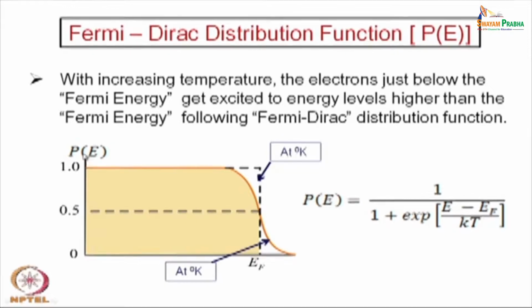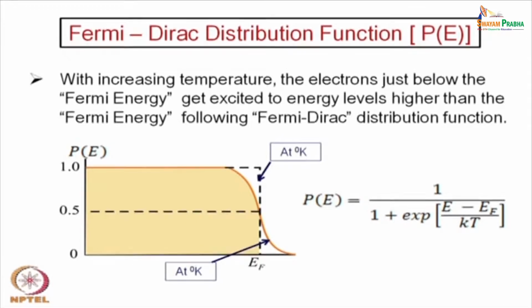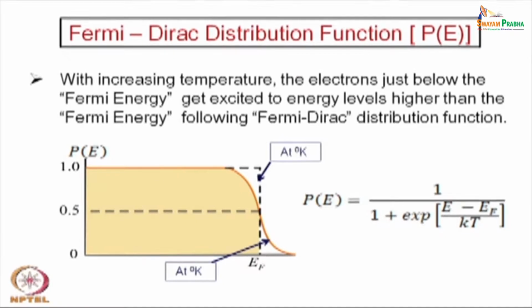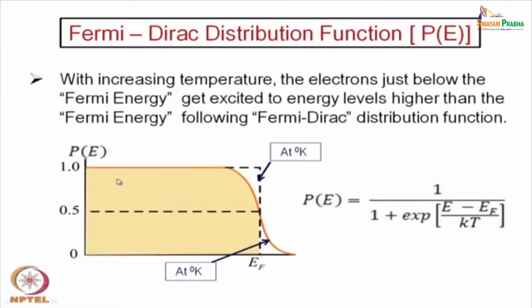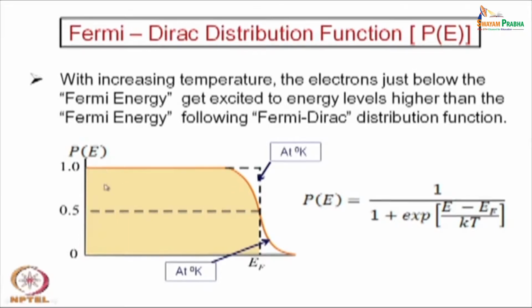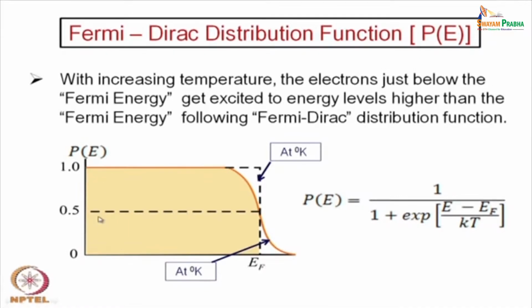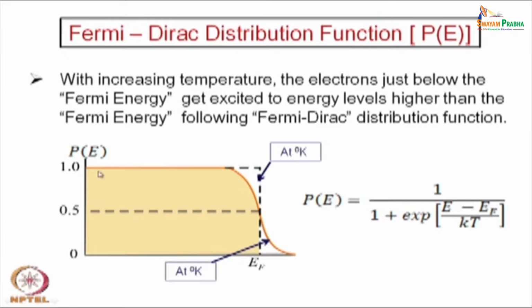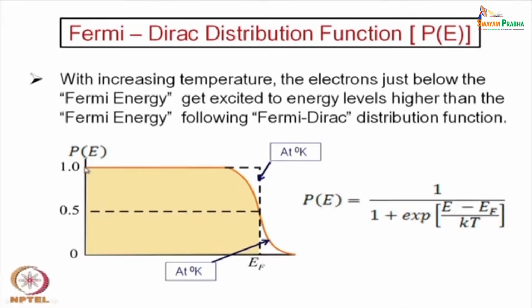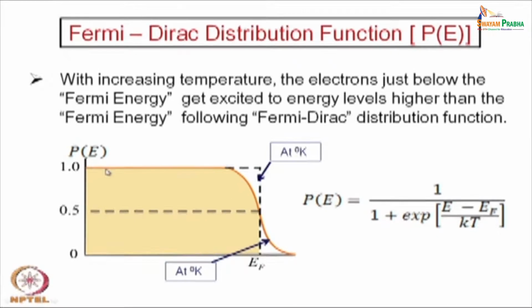It is the probability function of occupancy of a particular energy state. That means, for this energy state, what is the occupancy factor, whether it is 0% occupancy, 5% occupancy or 100% occupancy. So, this 1 means it is fully occupied.